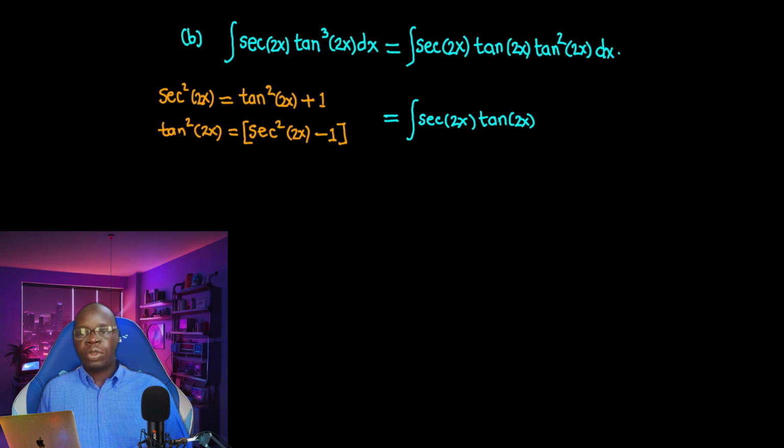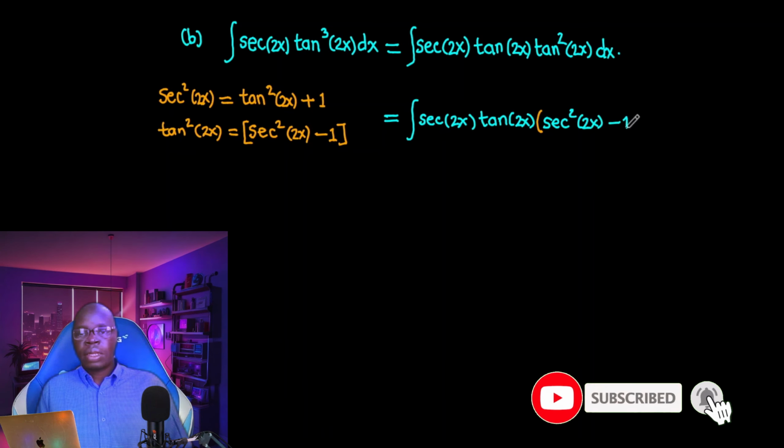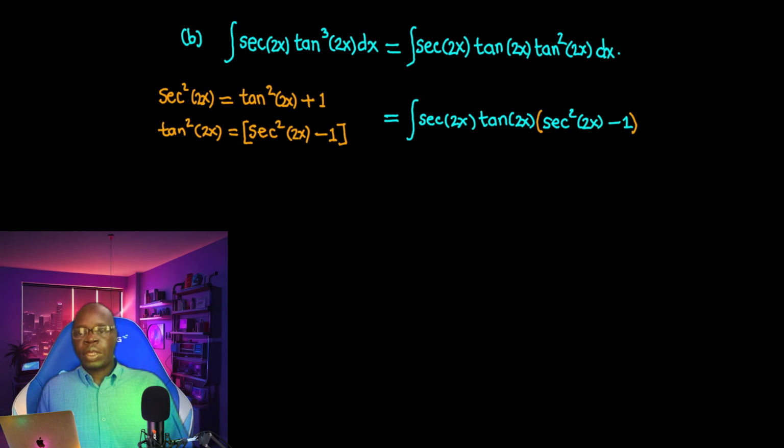Now since there are two terms here, we can go ahead and create a bracket, and after that, we replace our tan² 2x by secant² 2x minus 1. So this is also with respect to x.